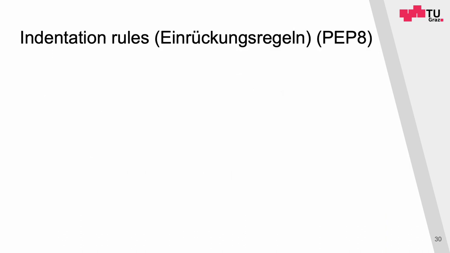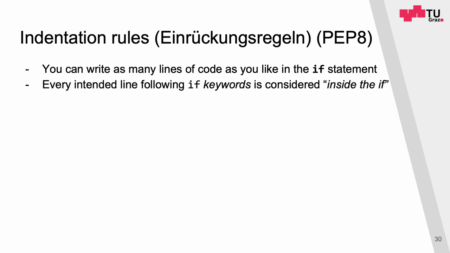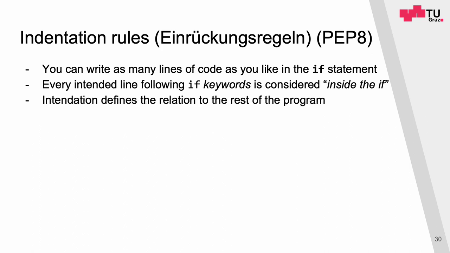And this leads me directly to the indentation rules, in German Einrückungsregeln, and we follow the PEP 8 standard here, which means you can write as many lines of code as you like in the if statement. However, every indented line following the if keyword is considered inside the if.